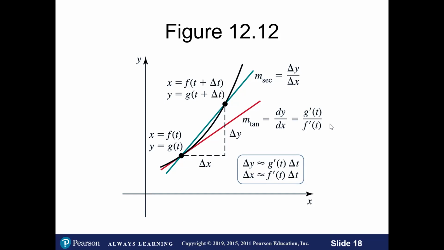That's going to give me a point elsewhere on the curve, x equals f of t plus delta t, y equals g of t plus delta t. And I can calculate the slope of the secant line, the line passing through the points (f of t, g of t) and (f of t plus delta t, g of t plus delta t). The slope of that secant line is simply delta y over delta x.